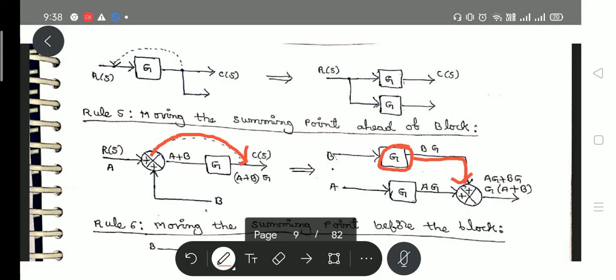Moving the summing point before the block. What happens? I am taking this summing point to here. In the feedback we will get 1 by G. Same, it will be reverse, summing point and branch point.